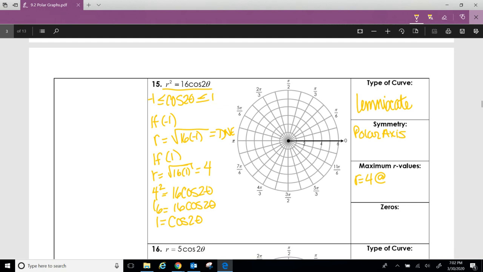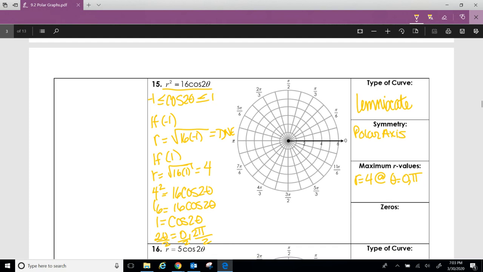When is cosine equal to 1? That's at 0, but keep in mind, because of 2 theta, we have to go around and add 2 pi one time. So it's at 0 or 2 pi. And then when we divide by 2, that means we're at 0 or pi. So this is at theta equals 0 or pi.